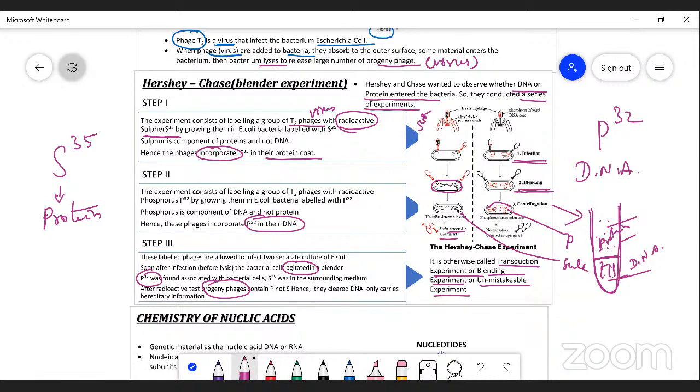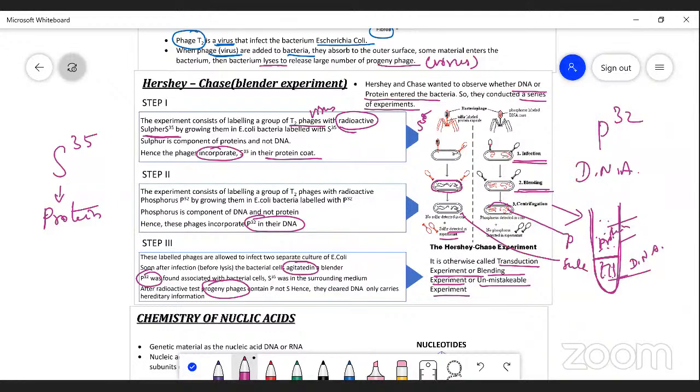It does not move inside the bacterial cell. Only DNA can move inside the bacterial cell, because DNA is the transmitting material that transfers genetic information from one organism to another. So from this experiment, we can understand that DNA is the genetic material, not protein. That is confirmed with the help of the Hershey and Chase experiment.